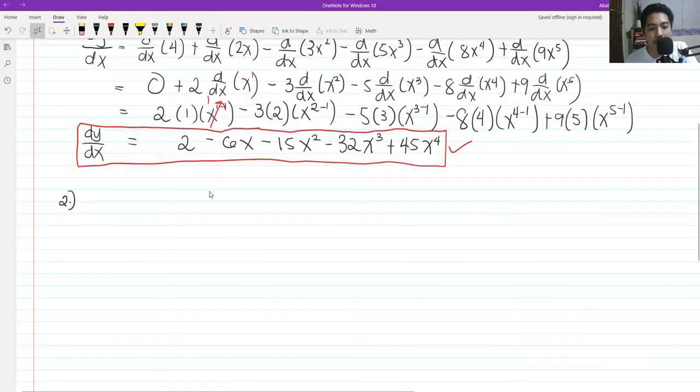Okay, so for number two problem, we have here y equals 1 all over x plus 3 all over x squared plus 2 all over x cubed.